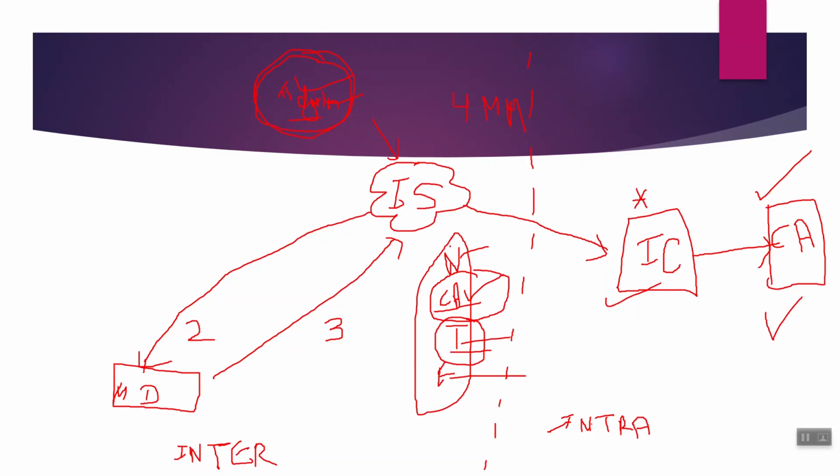So on the basis of how the profile was configured, and on the basis of what information the Intune service gave to the Intune connector, the CA is going to create a certificate with all this information and pass it to the Intune connector.